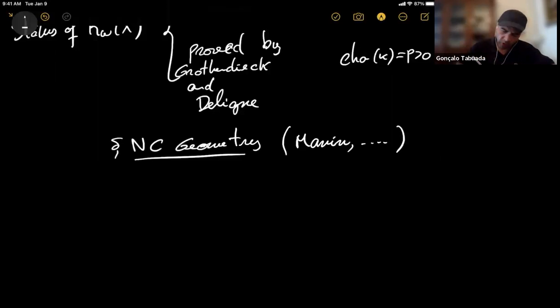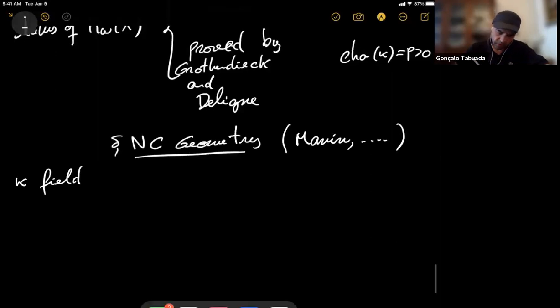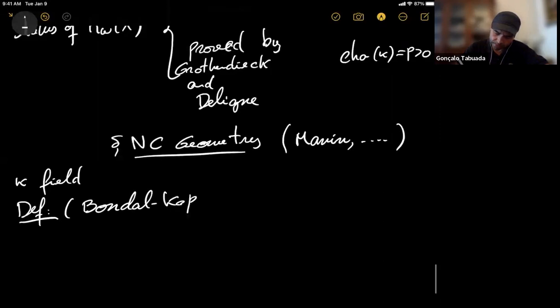So we are working just over a field, any field, and you have this definition, which goes back to Bondal and Kapranov, of what is a differential graded category, sometimes called a DG category.